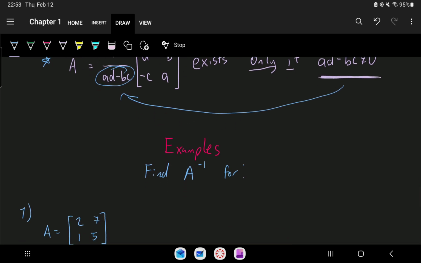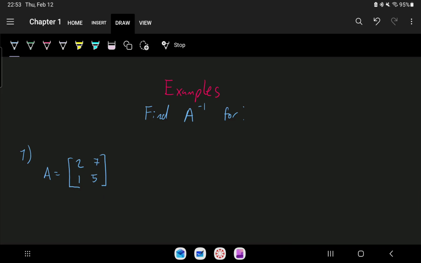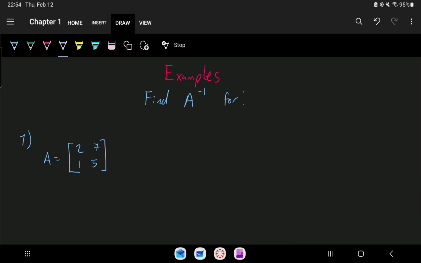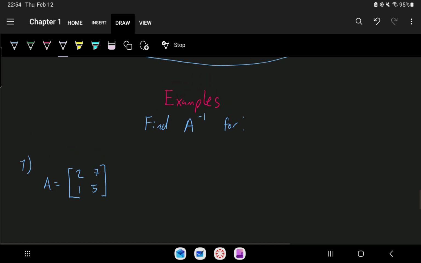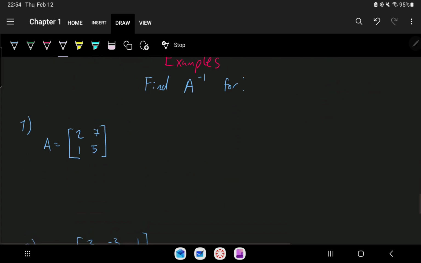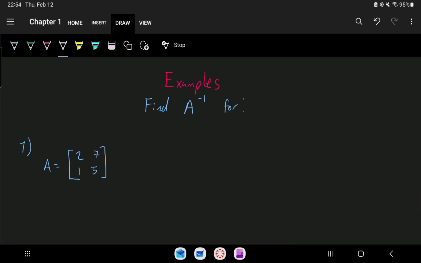All right, so we're going to look at a couple examples here. And I have a couple just to show some different cases, but it's not going to take terribly long. So the first one is going to be a 2x2 matrix, so we can kind of see how that first formula is working, right? So first, for a 2x2 matrix, since we just established that AD minus BC must not be 0 in order for the inverse of A to exist, before we even try to write the formula, let's see if it even exists, right?